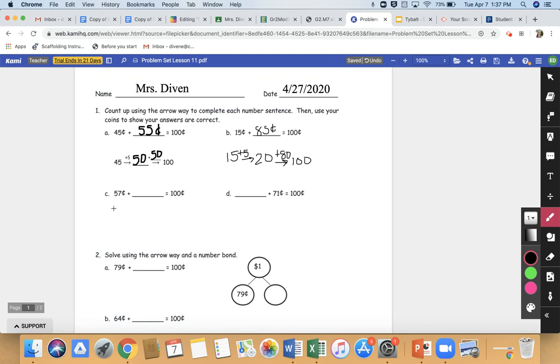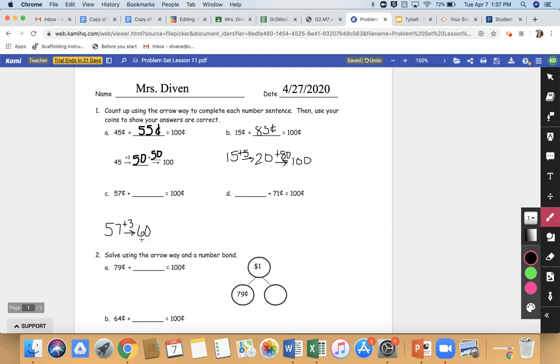Okay, the next one is 57 cents. We are going to start with 57, and we want to get 57 up to 60. So if I were to add, I know that 7 plus 3 gives me 10, so 57 plus 3 is going to get me up to my next 10, which in this case is 60.